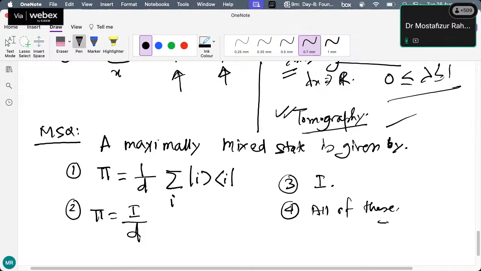Everybody answer please one time. Somebody is answering A, B, C, D, all of these. Please apply only one option per person. I'm giving, in fact, 1 minute to solve this problem.